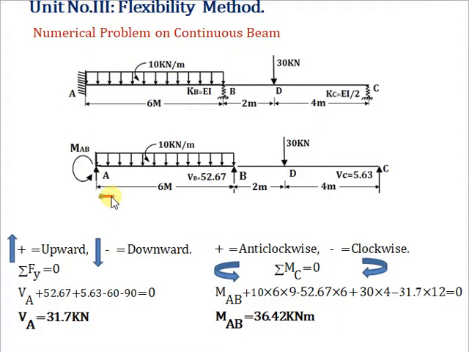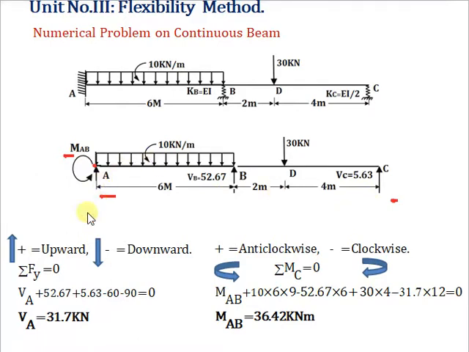Reaction at support A. Let's consider upward reaction positive and anticlockwise moment MAB as positive. This is our assumption at A. At B and C, the redundants we know, 52.67 and 5.63 kilonewton, are acting in the upward direction.